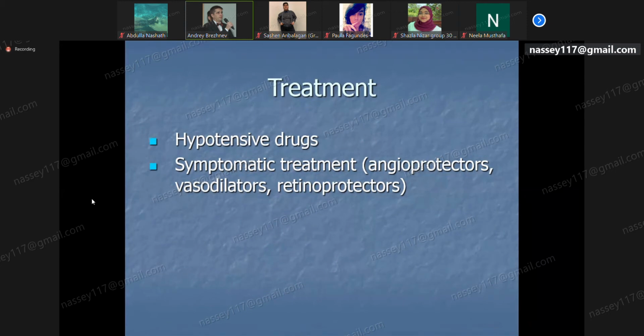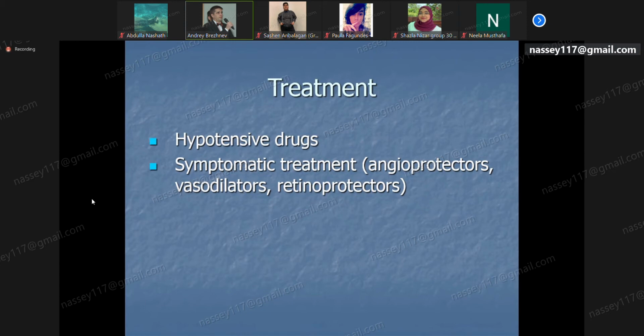We can just add several groups of drugs in case of an advanced stage of retinopathy, to try to decrease the retinal edema and try to recover partially the visual functions. So we can use drugs for protection of the retinal walls.